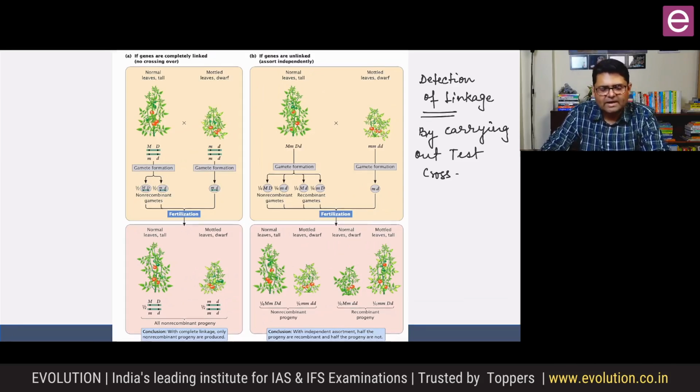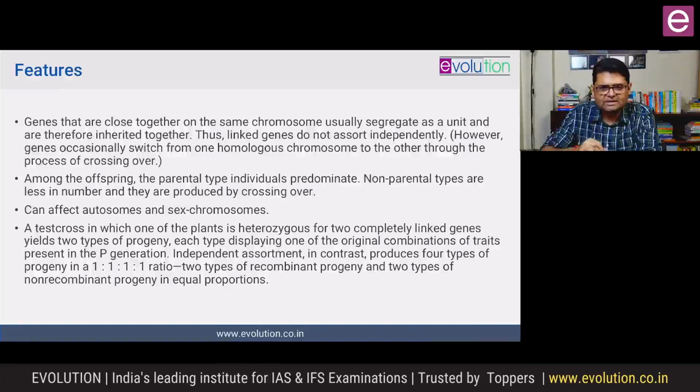Even if there are recombinants, they are going to be much less than the equal ratio of 1:1:1:1. There will always be a predominance of parental type. So now we are done with the detection part.